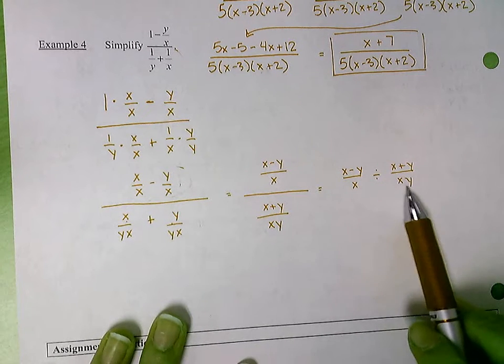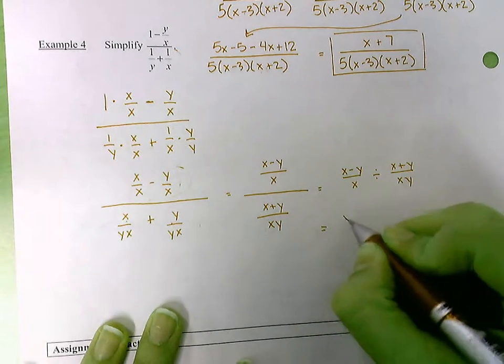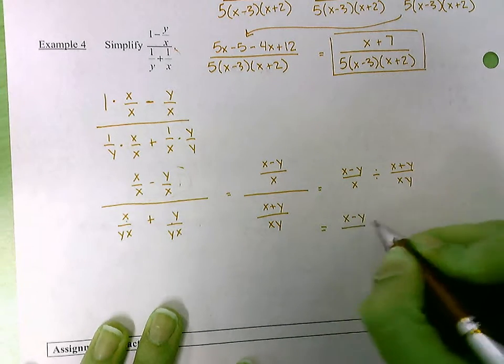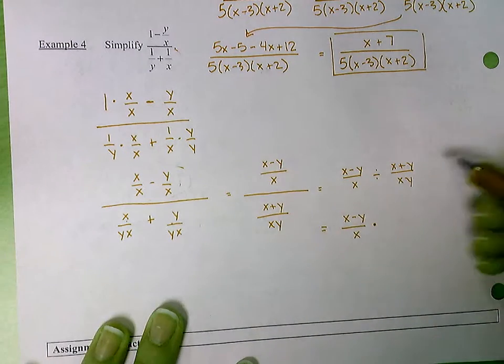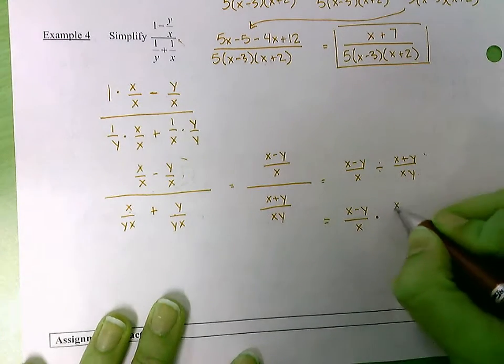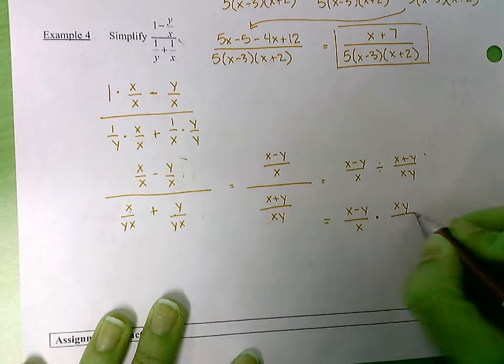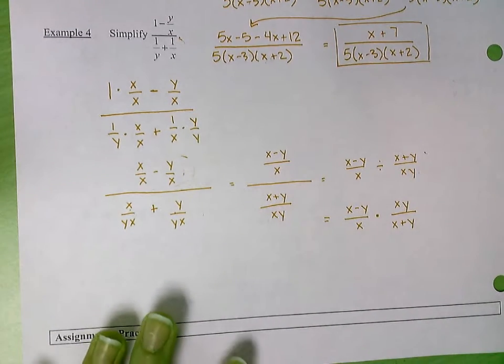If I'm dividing by a fraction, multiply by the reciprocal. Good. So I still have x minus y over x, and I'm going to multiply and switch your numerator and denominator. So I have xy on top and x plus y in the denominator.